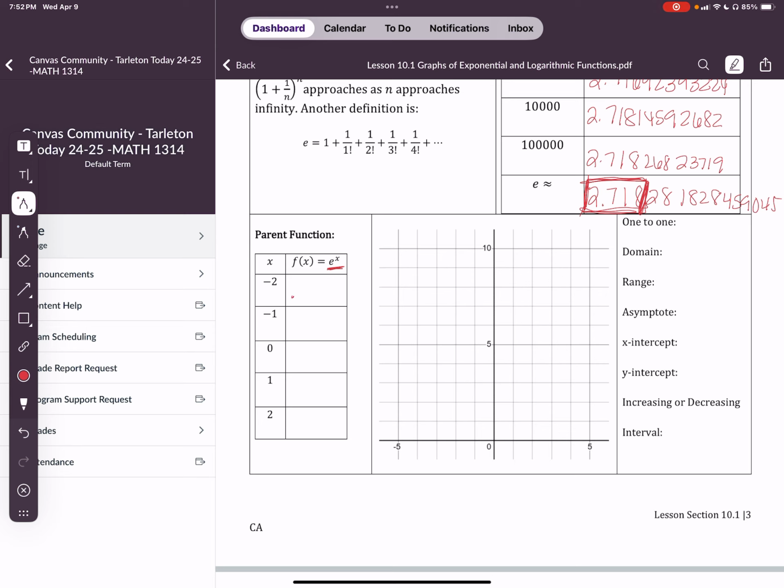So we'd get approximately 0.135, 0.3681, 2.718, and 7.389. Okay, that's what we would get as the parent function there of e to the x power. So then I'm going to go ahead and grab it.